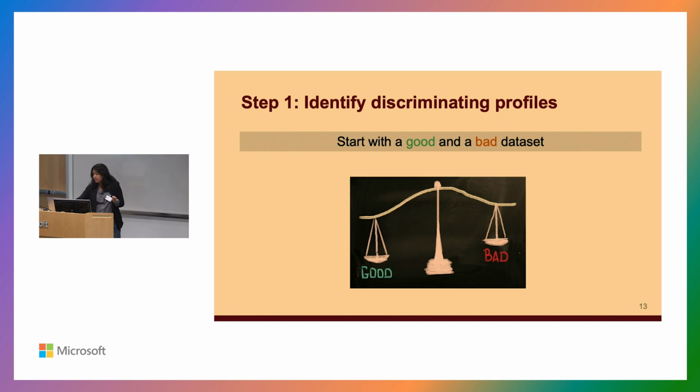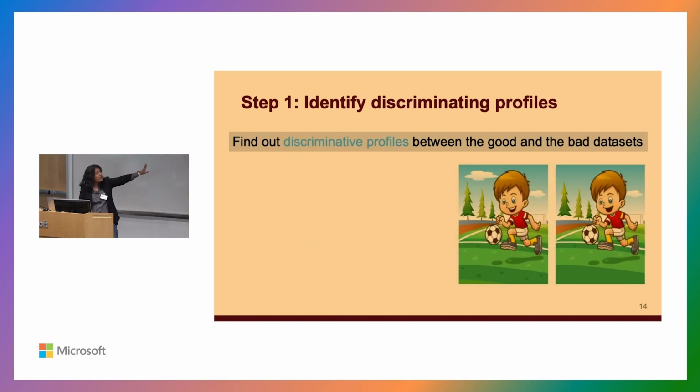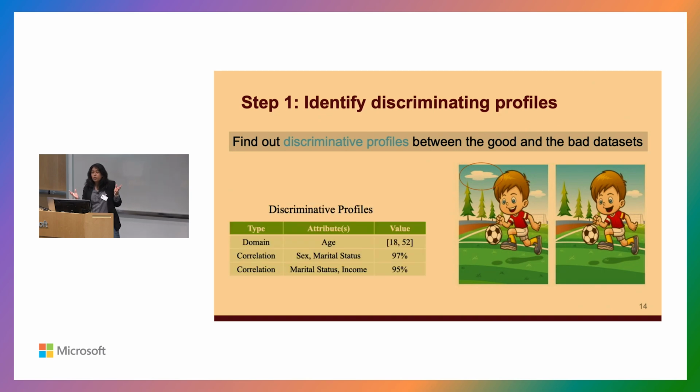Now what we do is, say these are the 2 data sets. What are the differences between the 2 data sets in terms of data profiles? What are the discriminating data profiles? For example, in this picture, you can see there is this cloud, and in the other picture, there is no cloud. So that is a discriminating property. So from the pair of data sets, we find all such discriminating profiles.